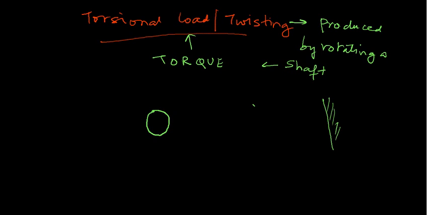If I draw a side view for this shaft, this is how you'll see it. Now let me draw the axis for it. Let's say this is the axis. Now let's draw the two center lines onto the elevation as well.